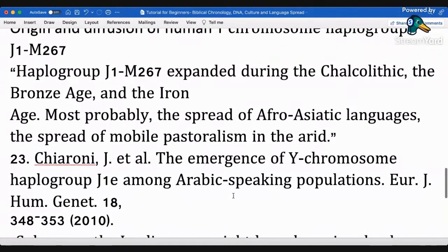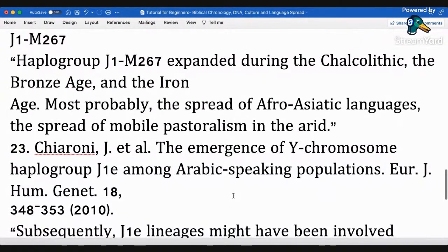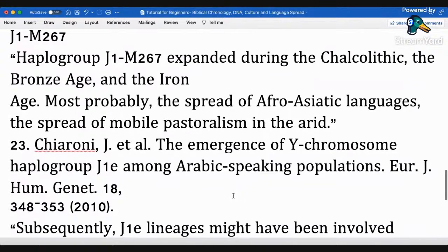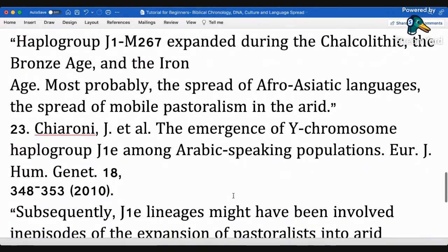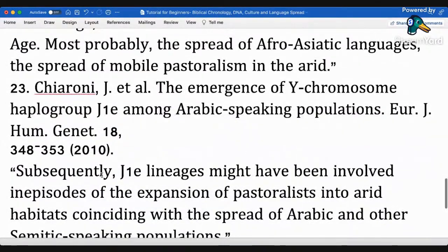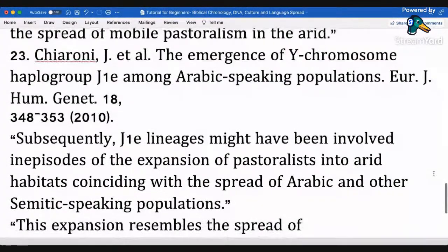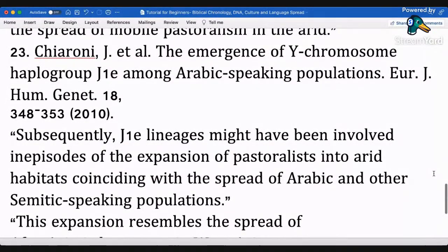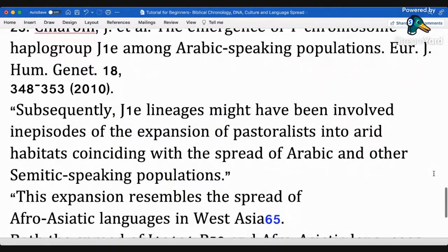So what you come to notice is when they use sources, or when they cite researchers citing other researchers who have found evidence, and they connect the dots. Subsequently, J1E lineages might have been involved in episodes of the expansion of pastoralists into arid habitats, coinciding with the spread of Arabic and other Semitic speaking populations.